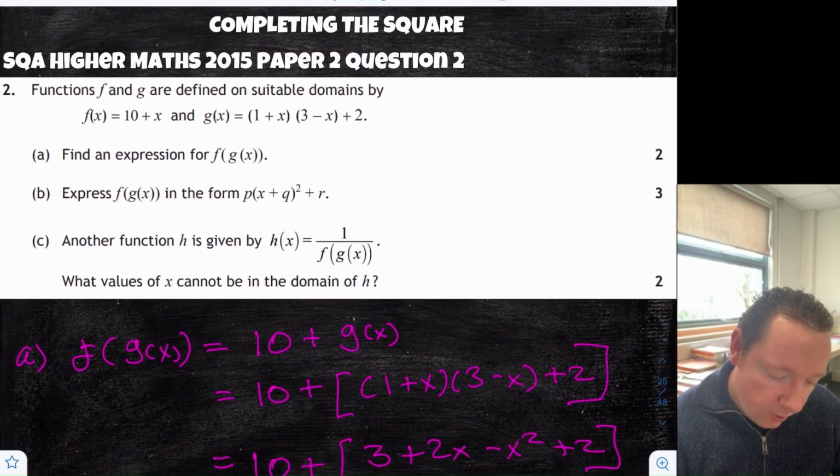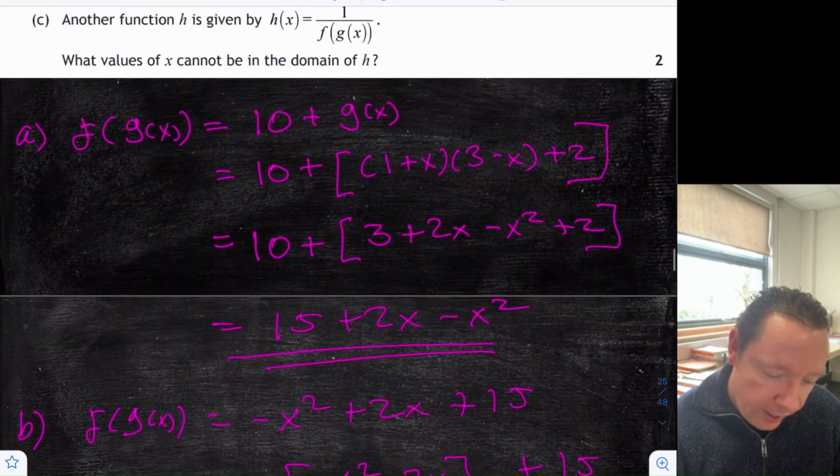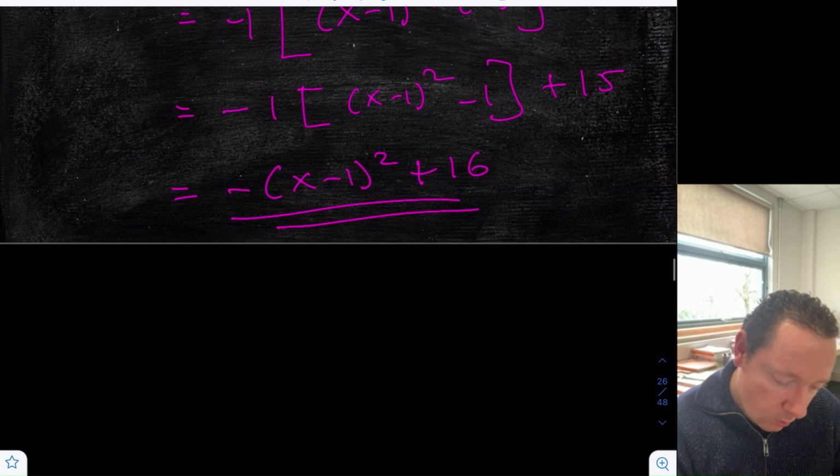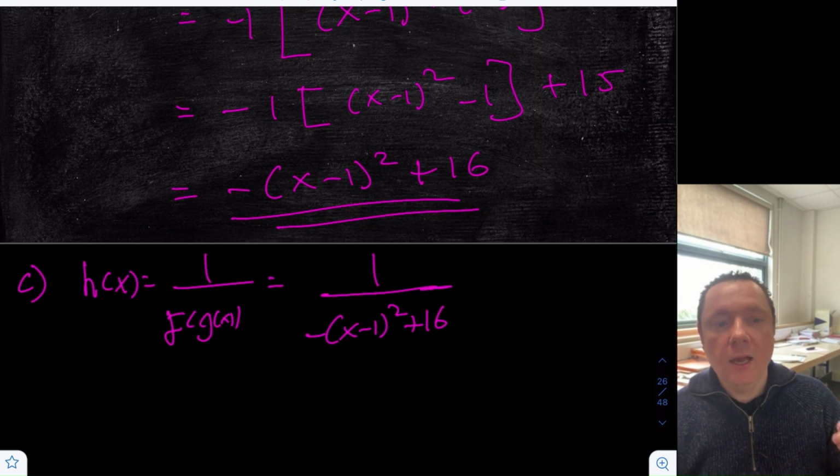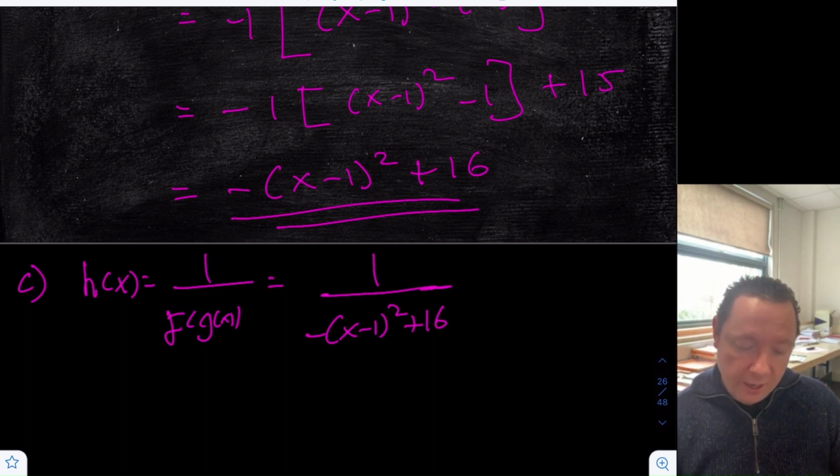C says another function h of x is 1 over f of g of x. What values of x cannot be in the domain of h? So part C, h of x is 1 over f of g of x, which we'll just complete the square of, so it's 1 over minus x minus 1 squared plus 16, but the denominator cannot be 0.